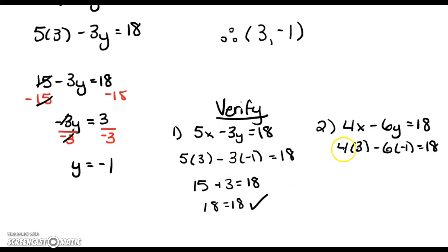So here we have 4 times 3 is 12. Negative 6 times negative 1 is positive 6. And that's equal to 18. Adding these two together, we get 18 is equal to 18. And here we've shown that our solution, 3 and negative 1, works for both equations, which means that it is a solution to our system of equations.